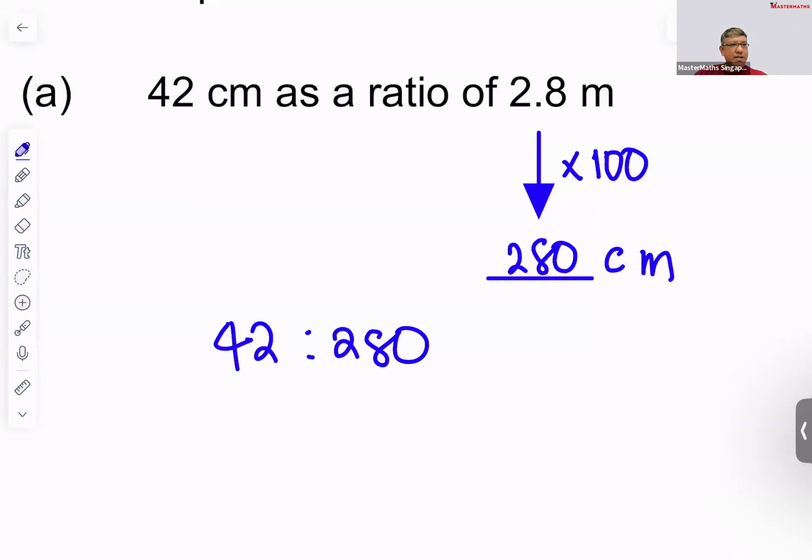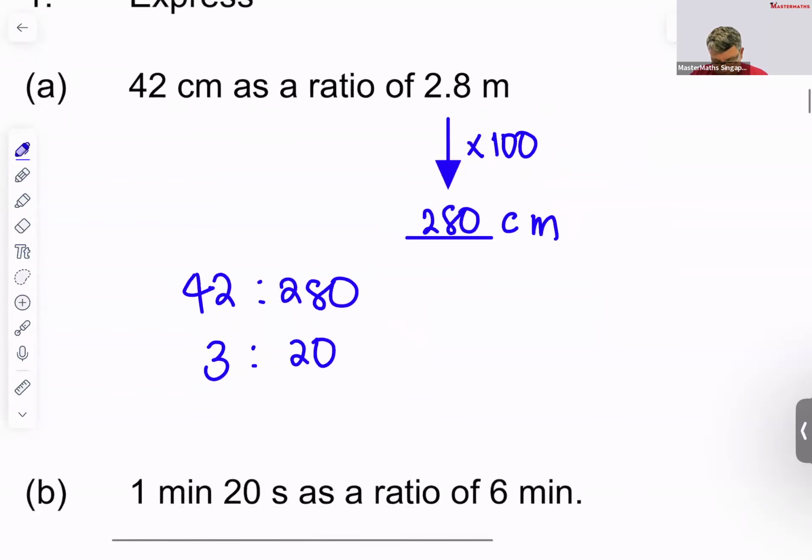Good. You can divide by 2, you can divide by 7. So you divide by 7 and 2, 14. So 42 divided by 14 is 3, and 280 divided by 14 is 20. So the answer is 3 is to 20.